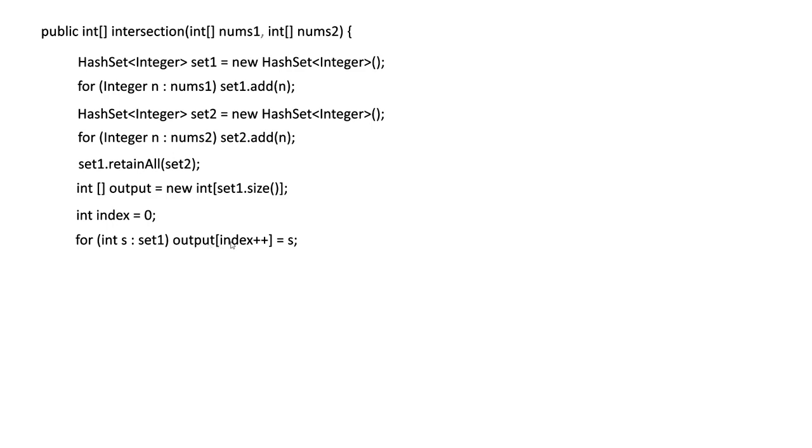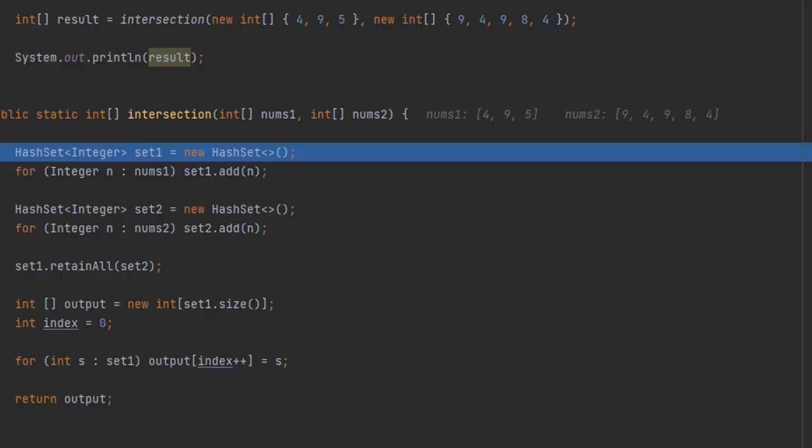So the output index first time through will be 0, and then it increments afterwards, and it'll keep going until it has all the numbers inside the int output array, and then we'll just return that output. And that is all she wrote.